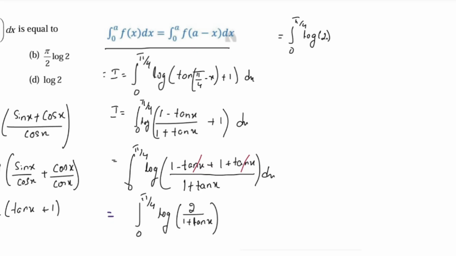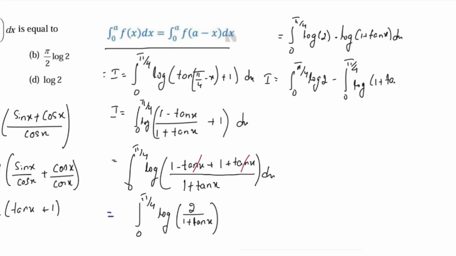log 2 minus log 1 plus tan x dx. Now I is equal to the integration from 0 to pi by 4 of log 2 minus the integration from 0 to pi by 4 of log 1 plus tan x dx.